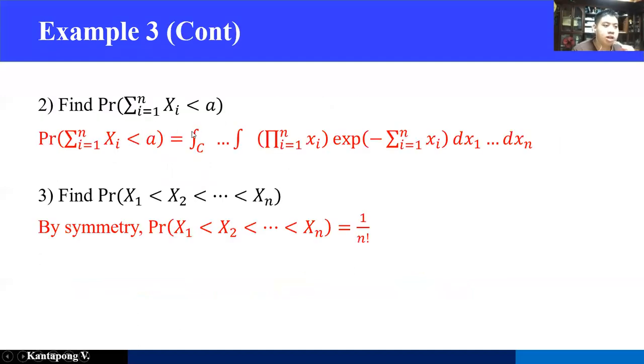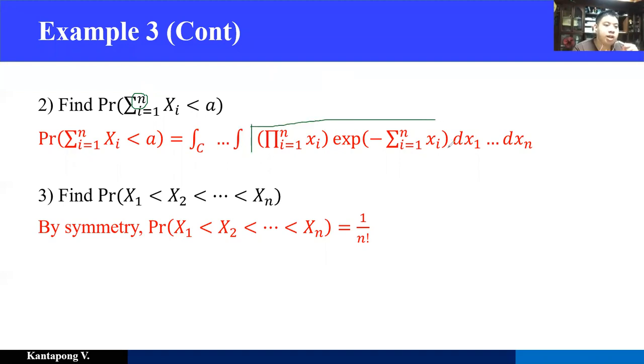And then we find the probability that the sum of xi, for i equal to 1 up to n, is less than a. Unfortunately, we cannot find a closed form formula, because this is a bit difficult to do. But we will revisit this problem in the next two lessons when we talk about the concept of convolution. So stay tuned. For now, let's keep it simple because we don't know any formula, so we cannot find the closed form solution.